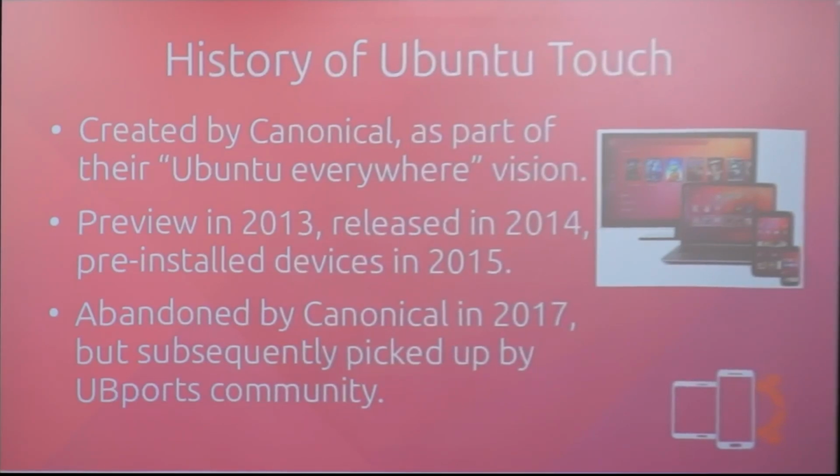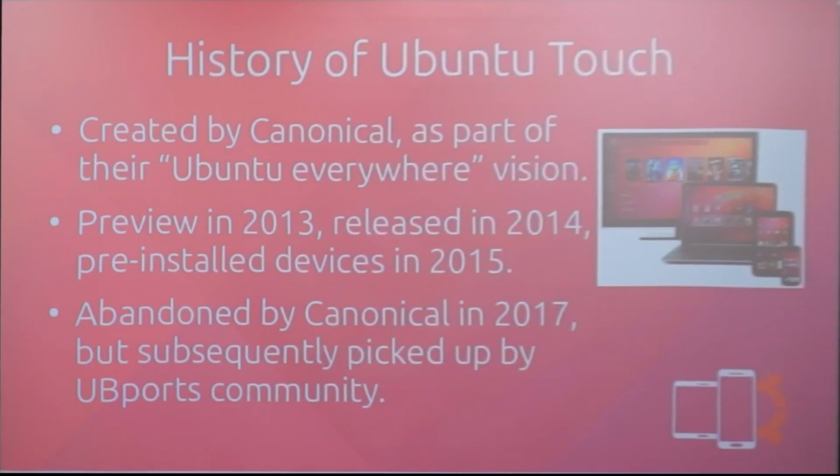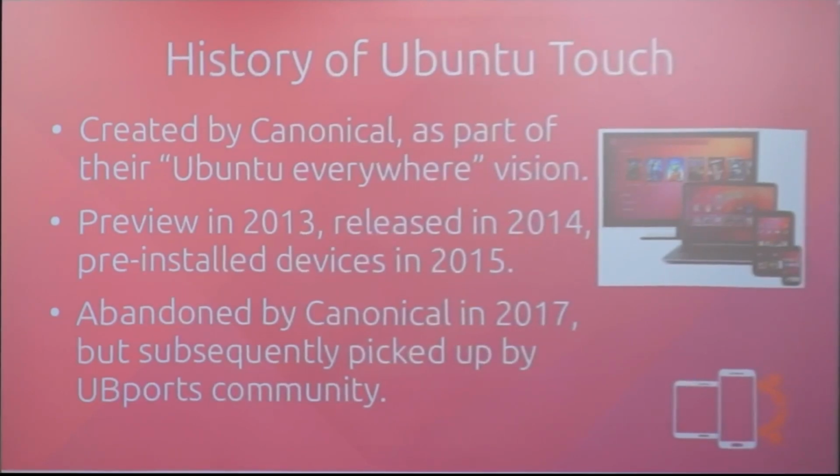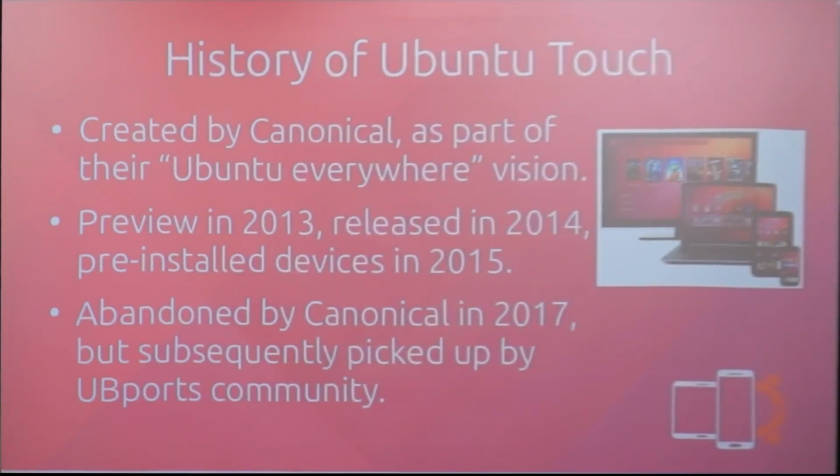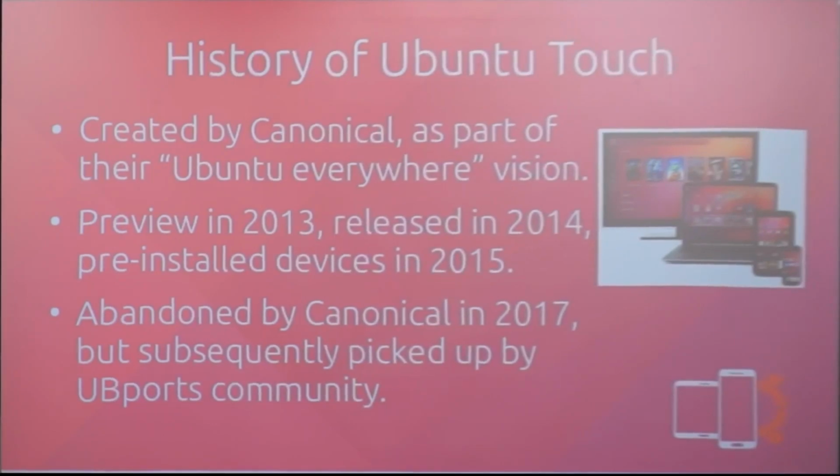They had a preview in 2013 and a release in 2014. After that, they tried to create the phones themselves and created a Kickstarter campaign to kickstart that. It did not end well. You might remember the Ubuntu Edge, right? It did not end well.